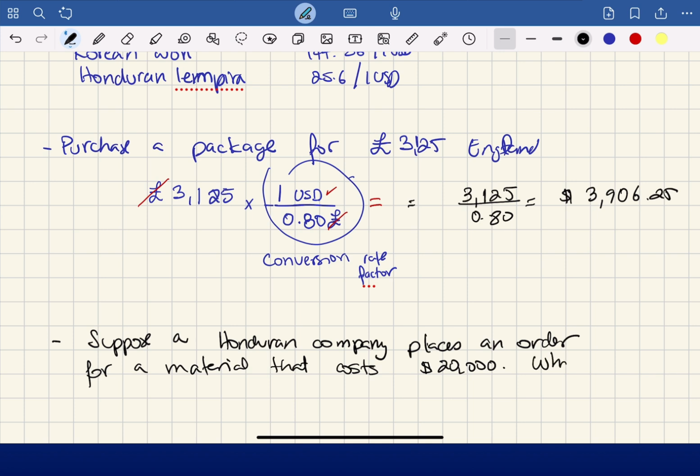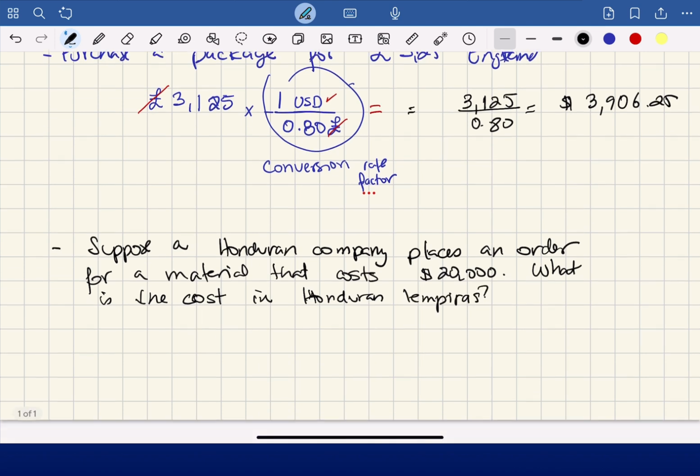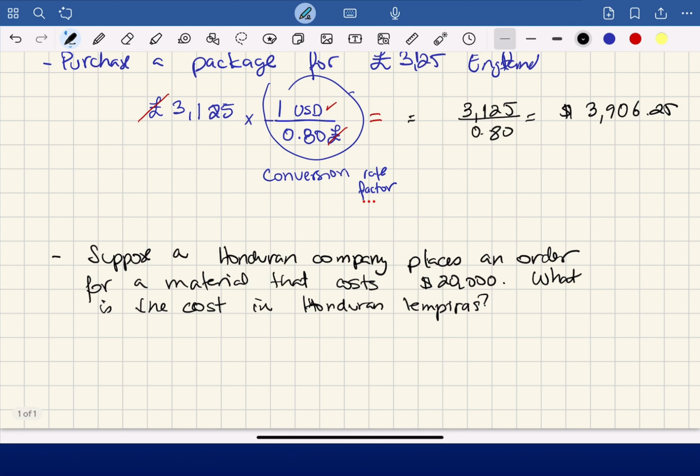I want to know what is the cost in Honduran lempiras. So what is that cost? How do we find that out?